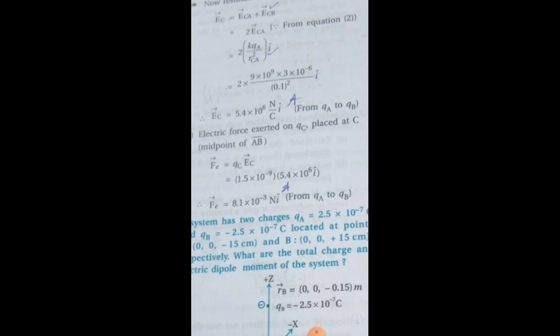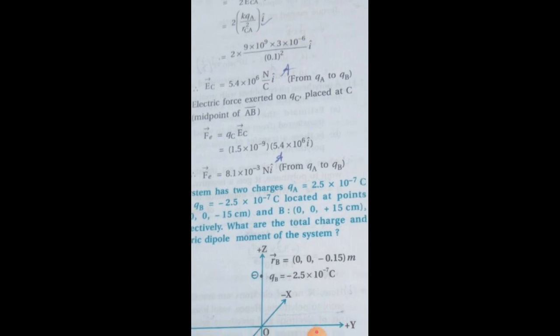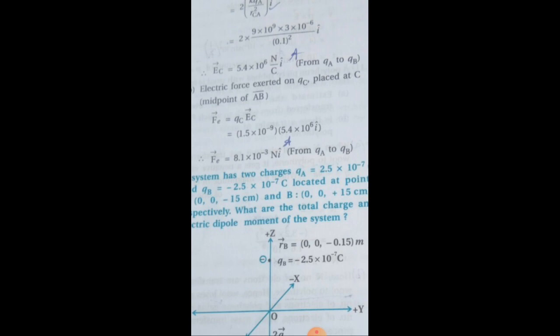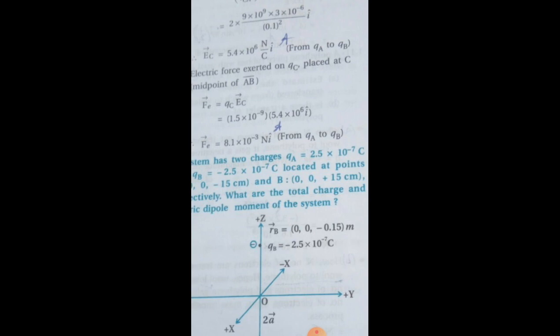Vector FE, because of electric force FE is written, and EC vector, that is at point C, because general formula of force due to electric field is given by F equal to Q into capital E. Now substituting the value of QC which is given in the data, that is 1.5 into 10 raised to minus 9, and EC answer which we have found in part A. Therefore FE equal to 8.1 into 10 raised to minus 3 Newton into I hat, because force is a vector quantity and its direction will be from QA to QB. That also has to be written.